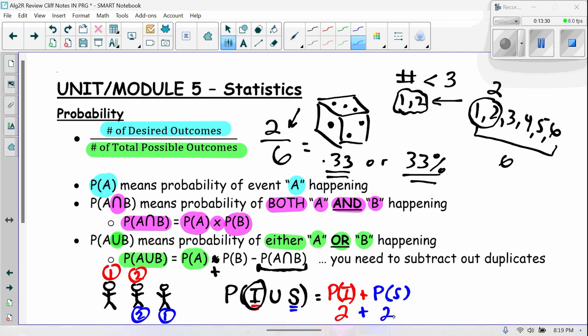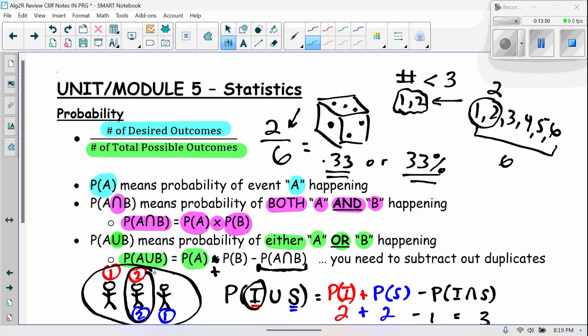I don't have 4 kids. There's only 3 kids. So I need to subtract out the ones who do the instrument and do the sport. There is one of them that does both. 4 minus 1 is 3, and that takes care of all 3 right there.